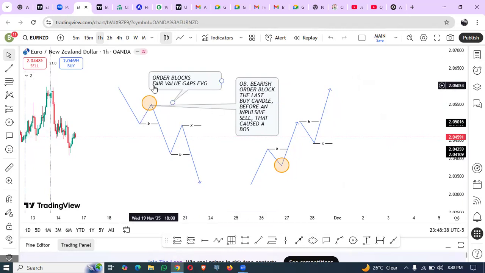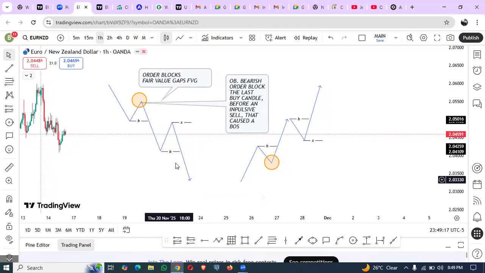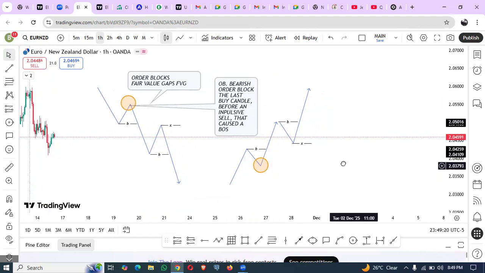So the last buy candle, by buy I mean the last green candle that is probably small before the big red candle. The impulsive sign is a big red candle. A break of structure should come from this leg. So once you check the origin that caused that first break of structure, make sure you see the last small green candle before a red impulsive candle that caused the break of structure. So you anticipate price returning to that block, then you short.